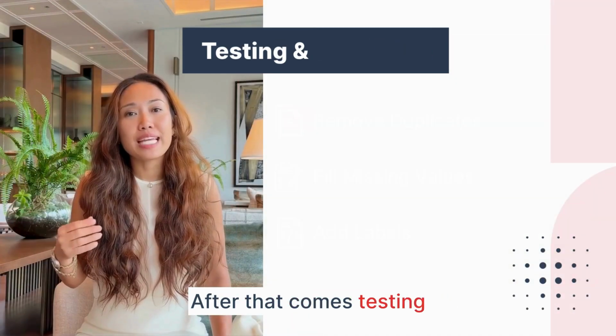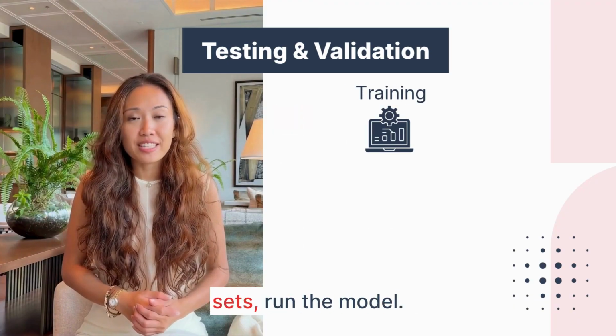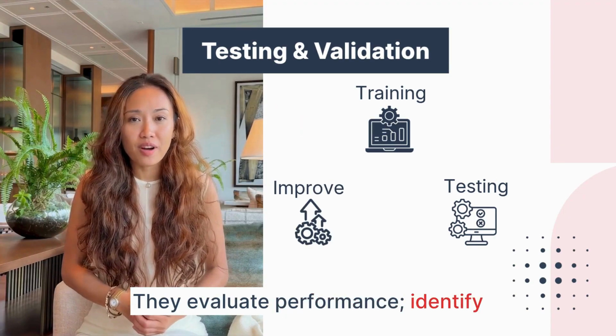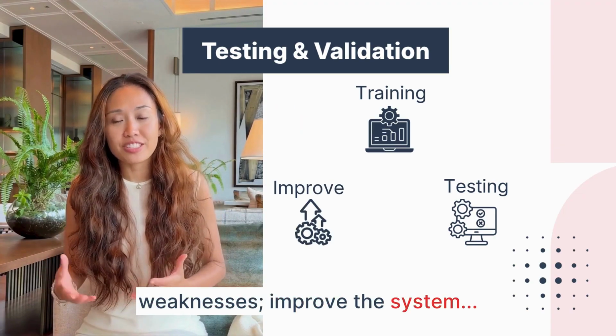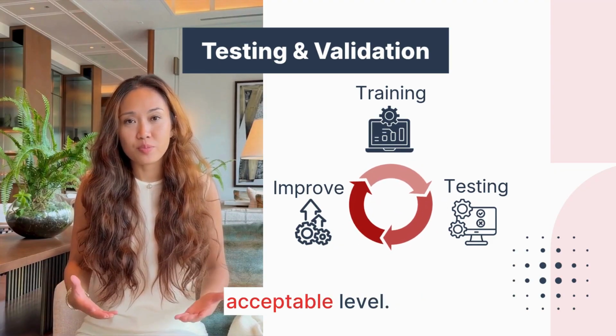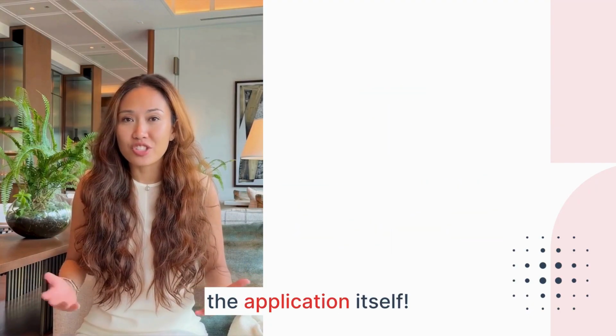After that comes testing and validation. Teams split the data into training and testing sets, run the model. They evaluate performance, identify weaknesses, improve the system, and repeat the process until quality reaches an acceptable level. Only then does the system get integrated into the application itself.